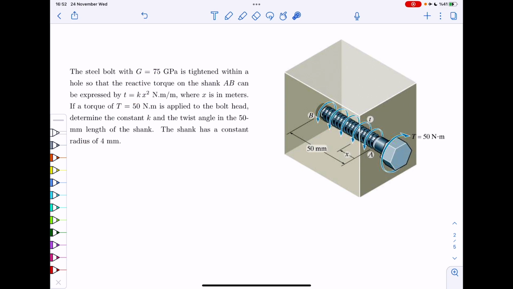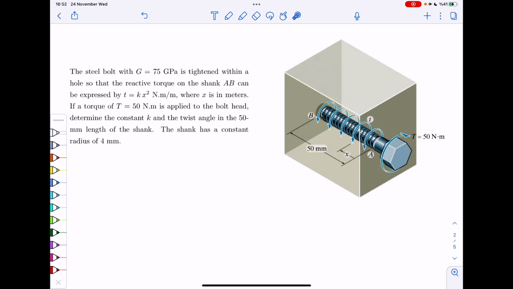So the K itself shall also be calculated from equilibrium. Does that make sense? So we write our equilibrium of external torques. From that, you get our K, and then after we have K, we write our internal torque, we integrate it, we get the angle of twist. That's what we want to do.